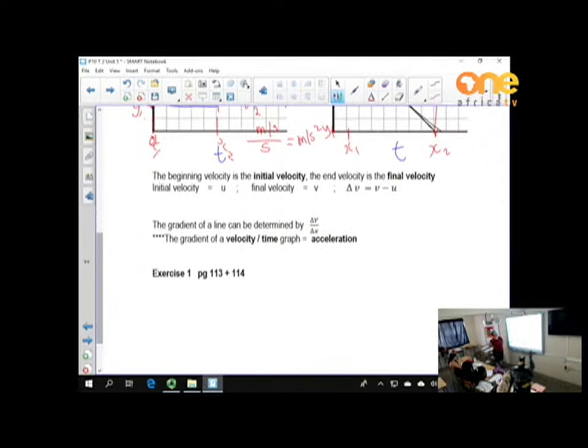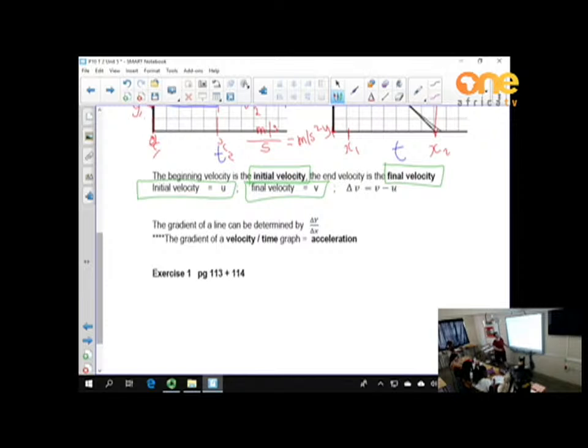When we start working with accelerating objects, we differentiate between an initial velocity, the one we start with, and a final velocity. All right? Now, when we work with it in a formula to prevent us from becoming confused, we work with initial velocity as a small letter u and final velocity as a v.